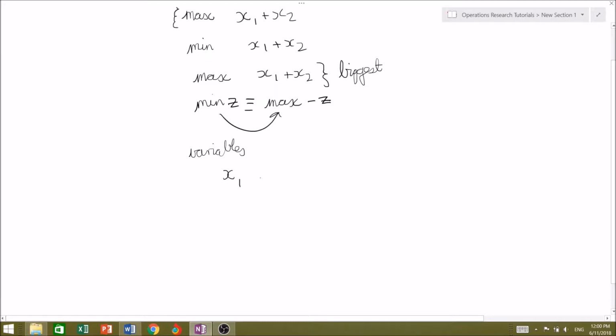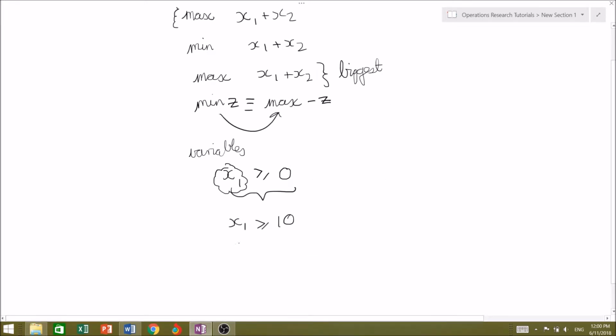If you perhaps have read through some textbooks or you've seen this in your classes, you'll often see that your decision variables will be of the form greater than or equal to 0. Now what this means is that your value of x1, your decision variable, has to be greater than or equal to 0. Well, what happens if I have a different form?